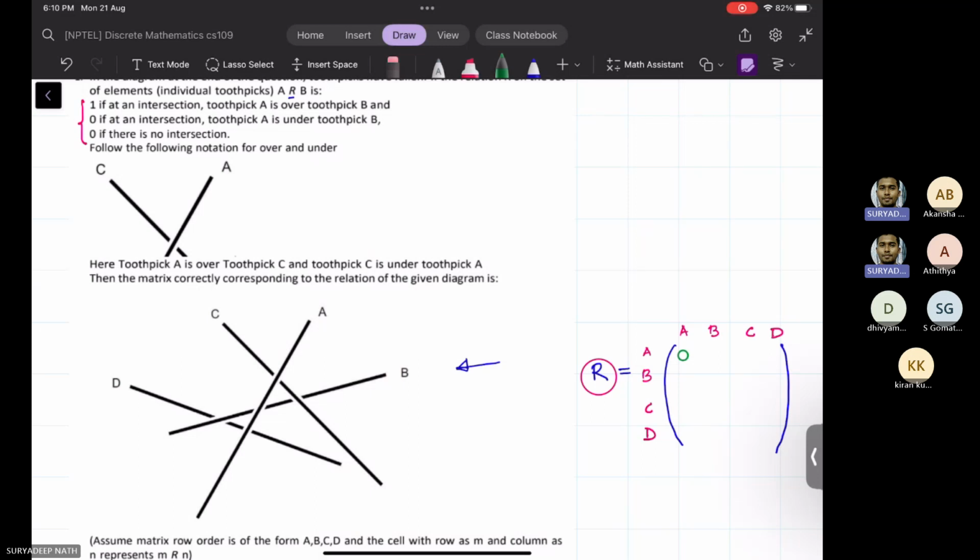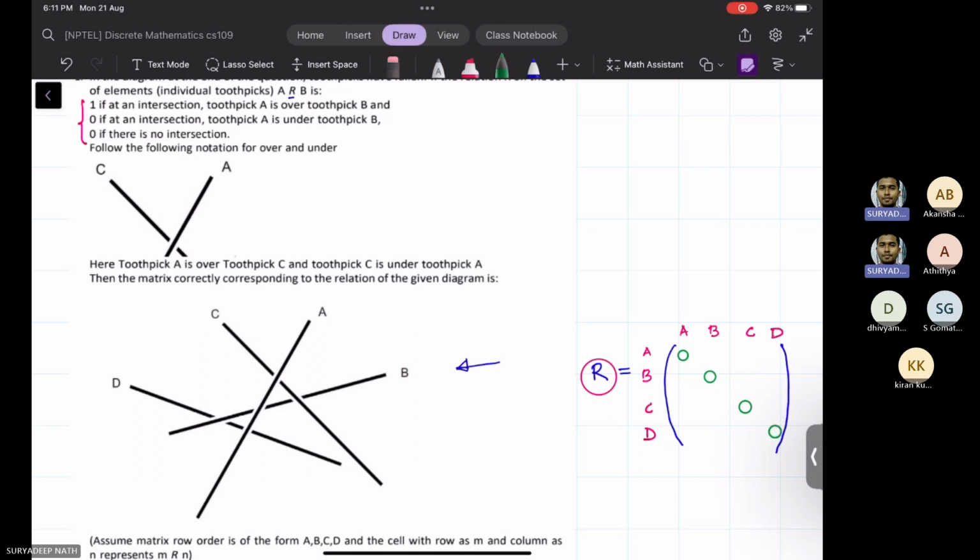So for any such toothpick, by this logic, what would all the diagonal elements look like? It would be 0, because by the same logic, the toothpick cannot intersect with itself.